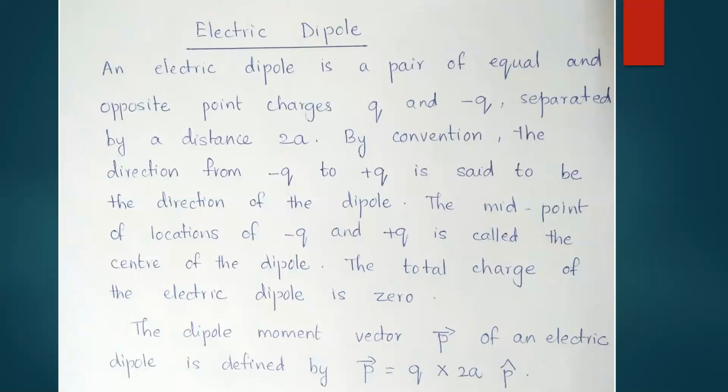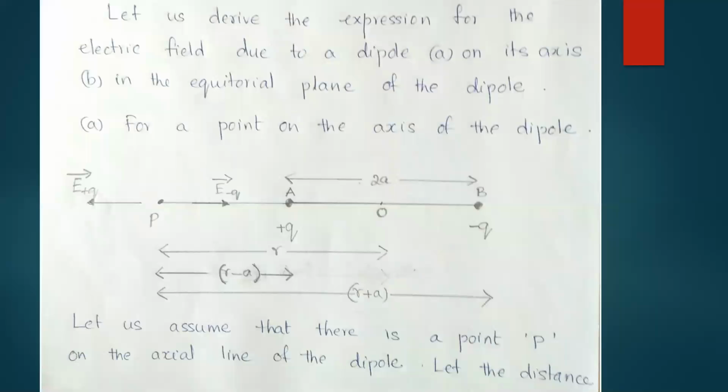It is the product of any charge of the dipole and the distance between the two charges. That is, p bar is equal to q into 2a. In vectorial form, p bar is equal to q into 2a into p cap. p cap is a unit vector in the direction of p bar.